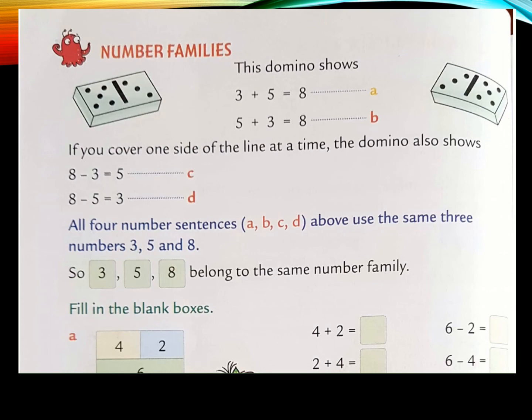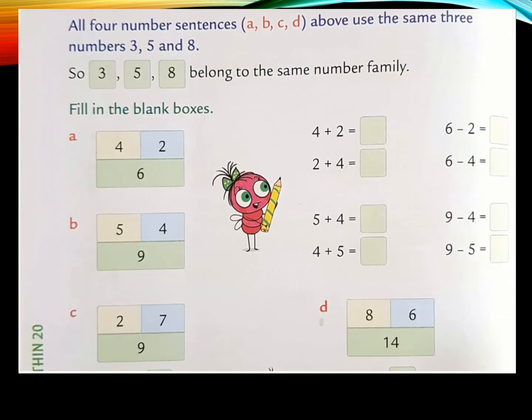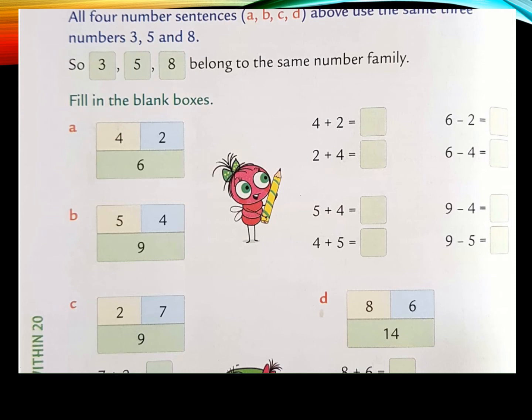Number families. Now we found out 4 and 2 is 6. So this is a set of numbers belonging to the same family. 4, 2 and 6 belong to the same family.